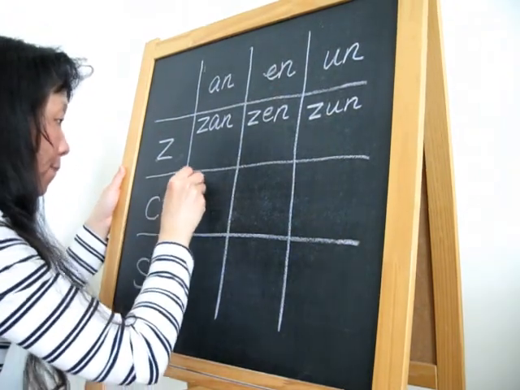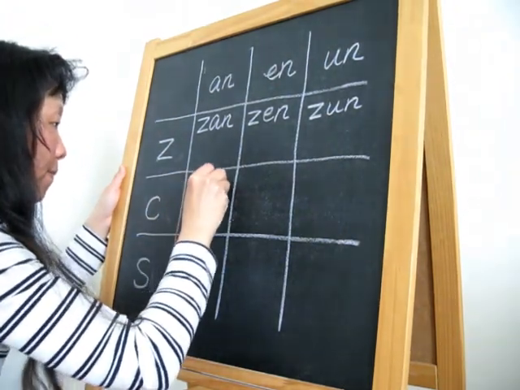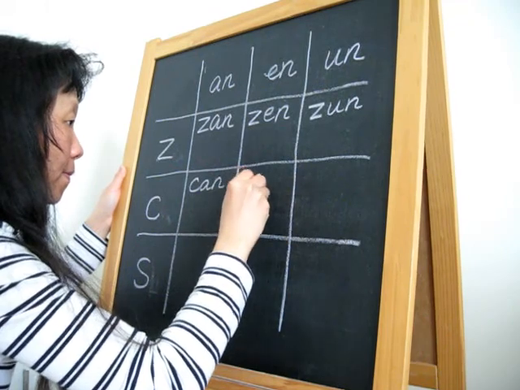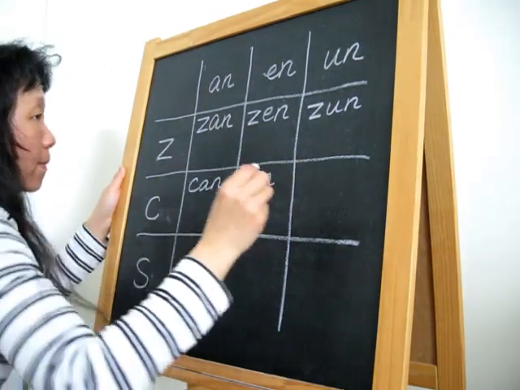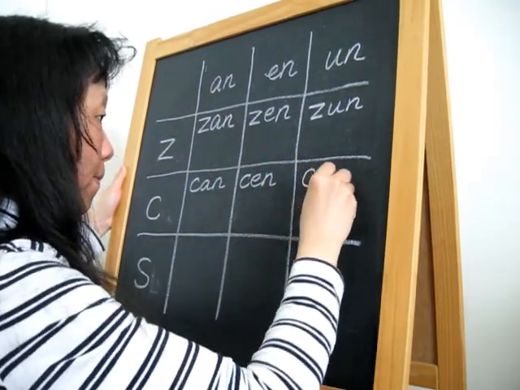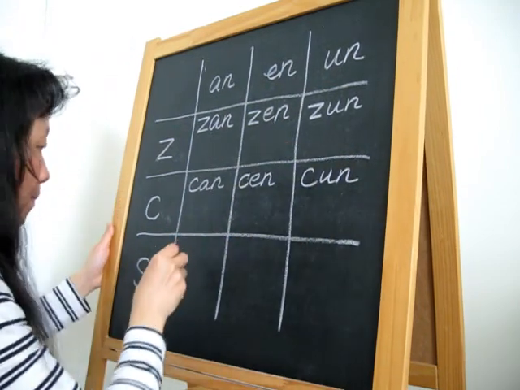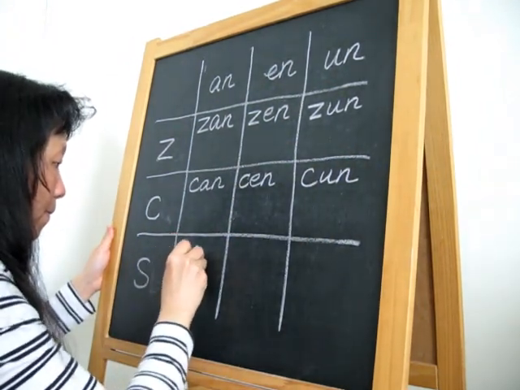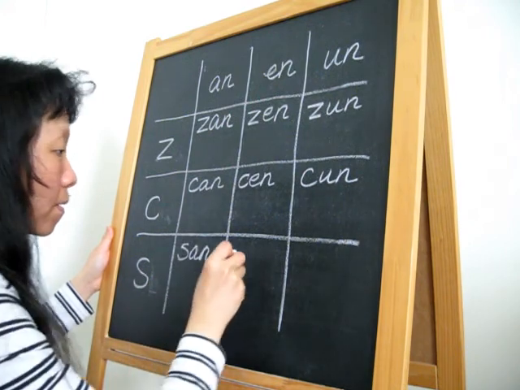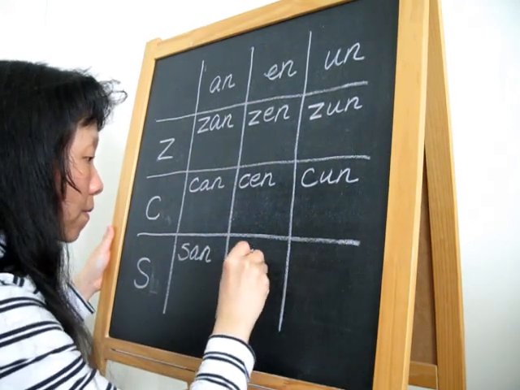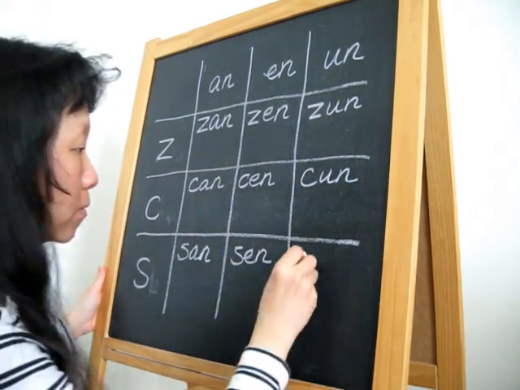The second row, c-an can, c-en cen, c-wen cun. The third row is s-an san, s-en sen, s-wen sun.